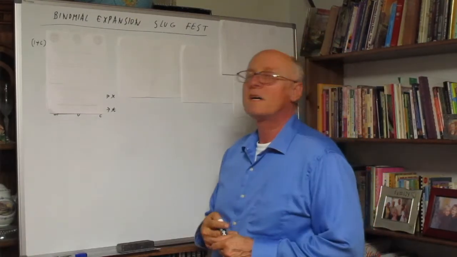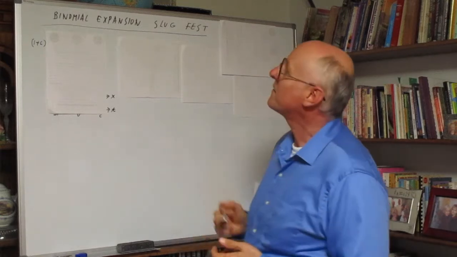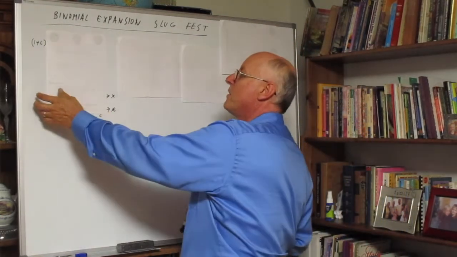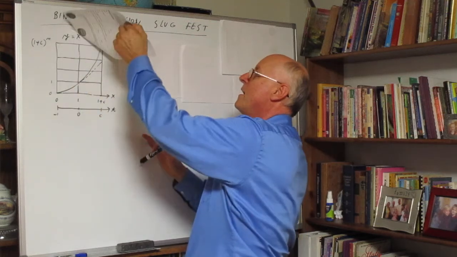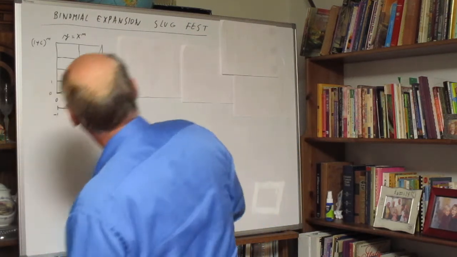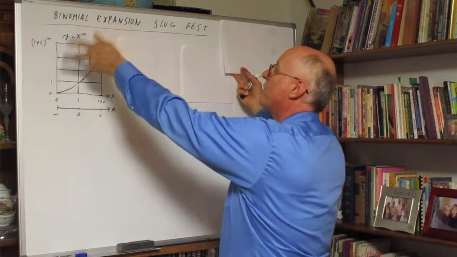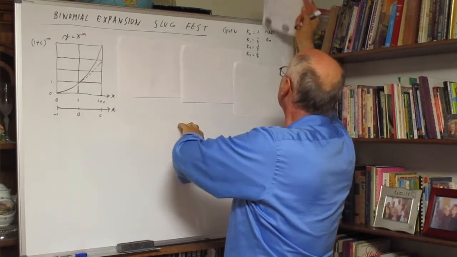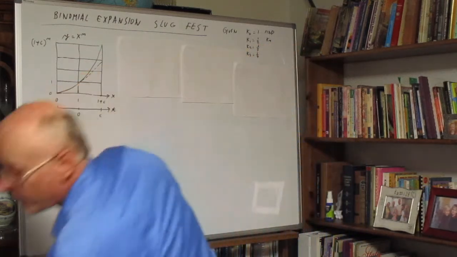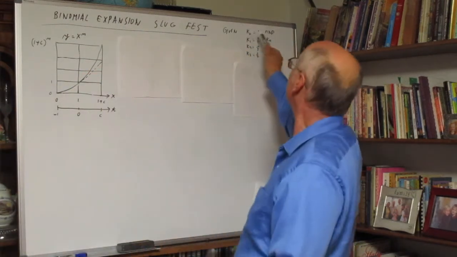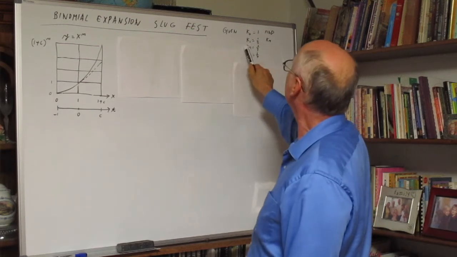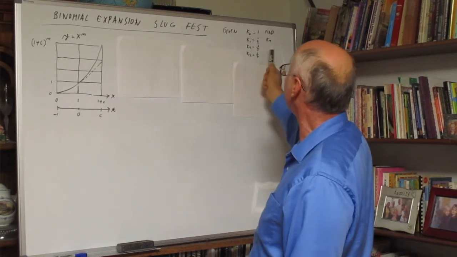So, continuing our binomial expansion slug fest, we're going to find our k sub n factor, a general purpose k sub n for n equals anything, given that we know k0 is 1, k1 is 1/2, k2 is 1/3, k3 is 1/4.